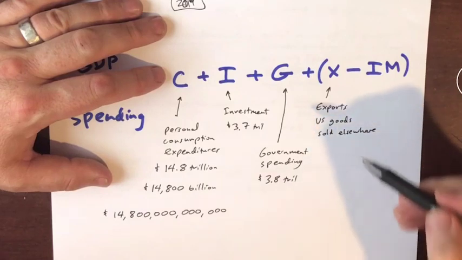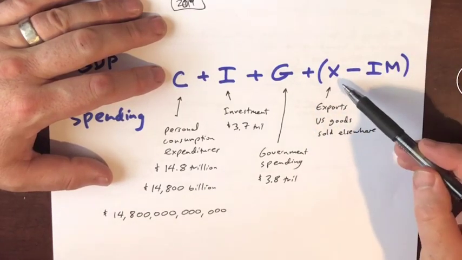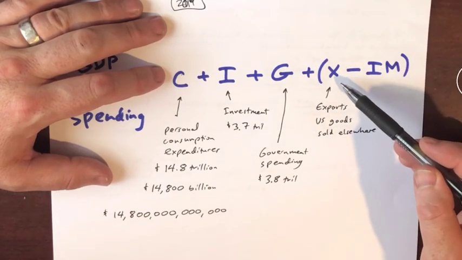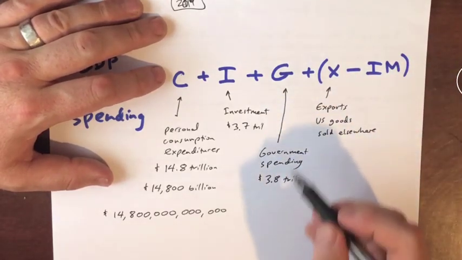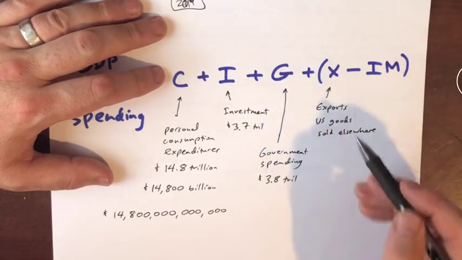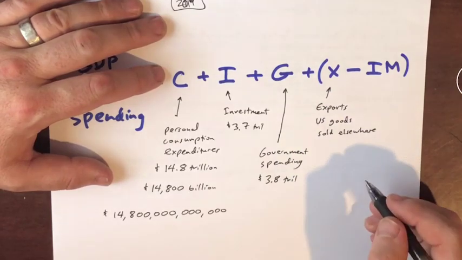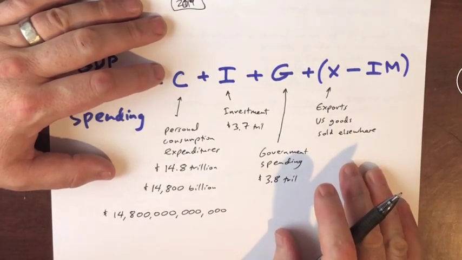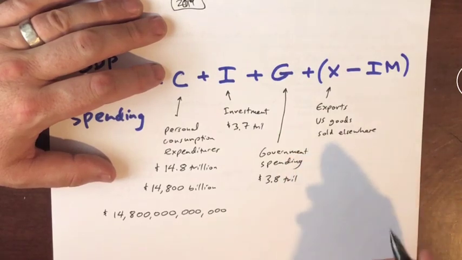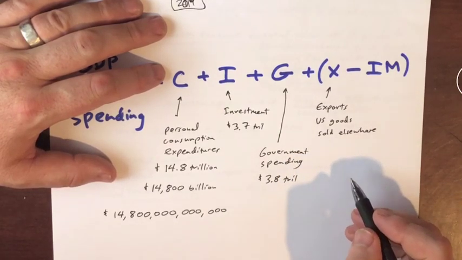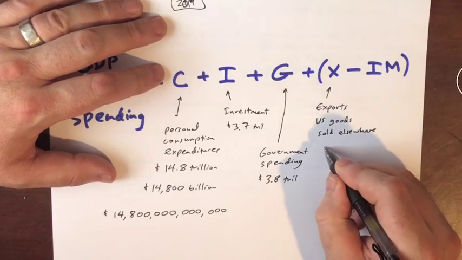Goods exit the United States, money from the rest of the world enters the United States economy. Spending enters the United States economy. That's why this term is a positive term, right? It adds to spending. And U.S. exports in 2019 were about $2.5 trillion.